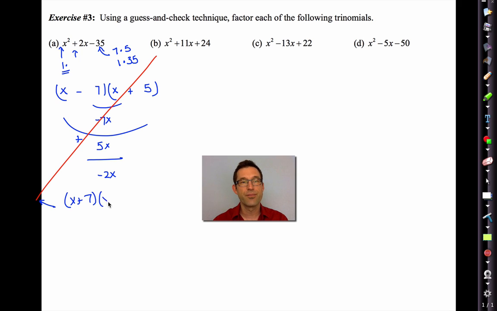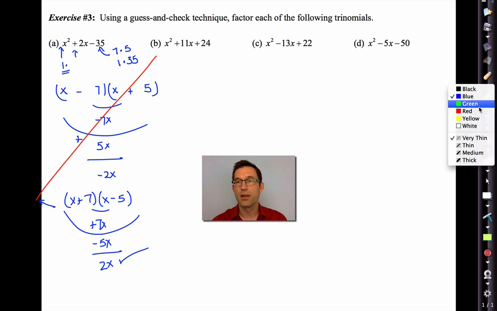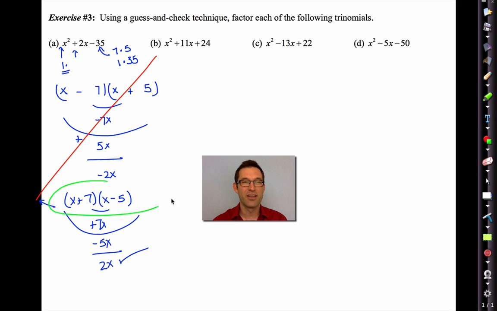x plus 7 times x minus 5. Here I'll get a positive 7x. Here I'll get a negative 5x, and when I combine them, I get a positive 2x, and that's what I needed. Let me circle this one in green, right? But that's it. That's the whole deal. Nothing more than that. And again, a lot of students don't like this because it requires throwing down a guess, checking it, and if it doesn't work, doing it again.